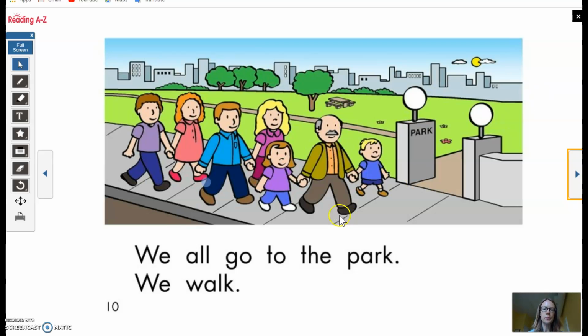Let's read together. We all go to the park. We walk. Great reading, everybody. Now, I asked you to think about how some of the different ways to go are the same and different. Let's go back in the book.